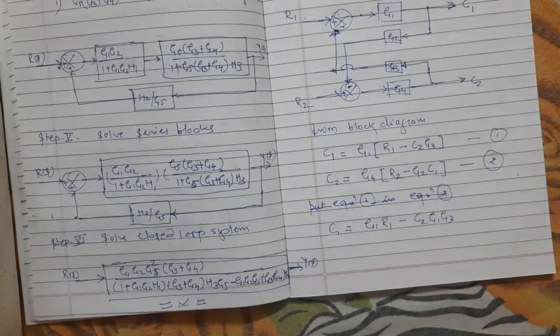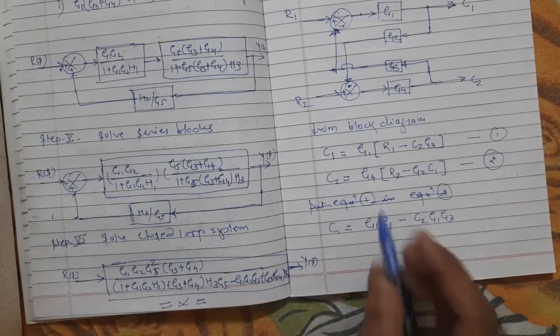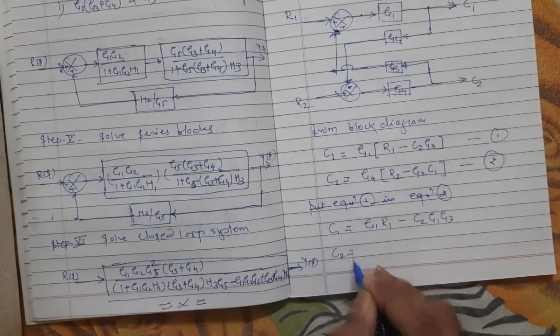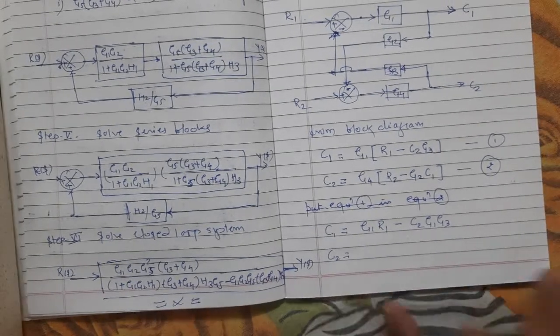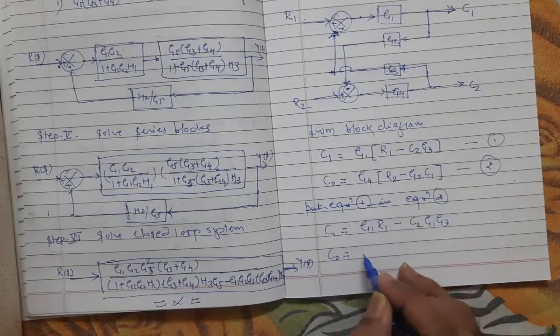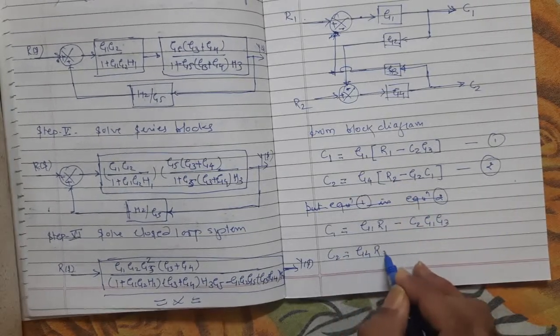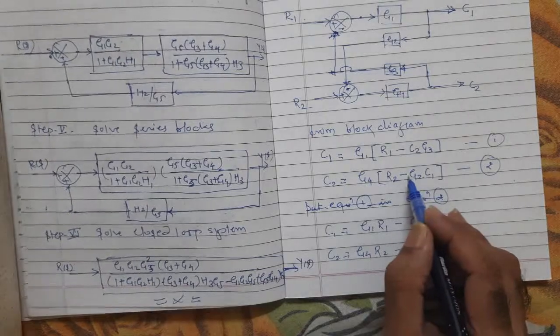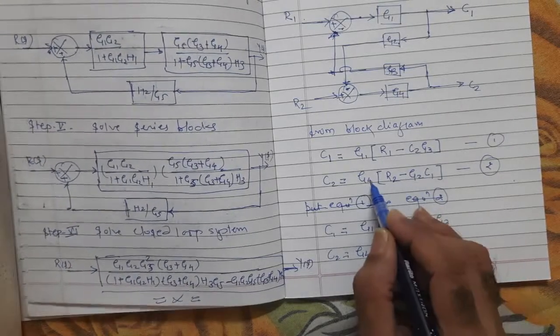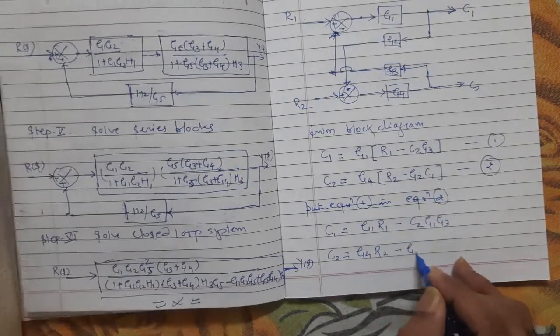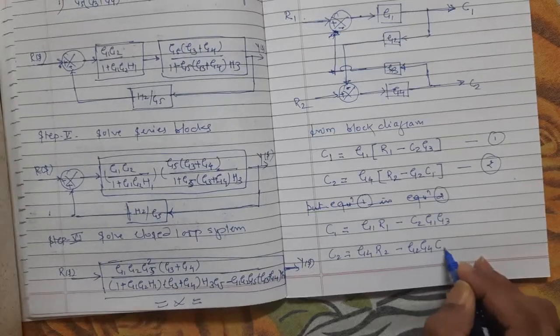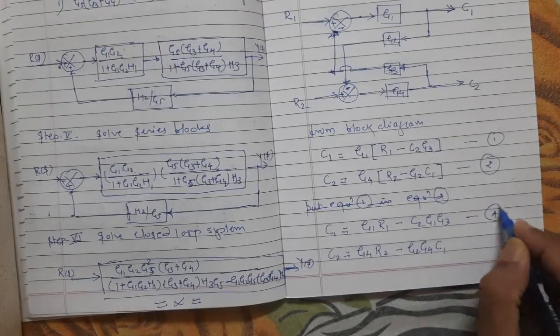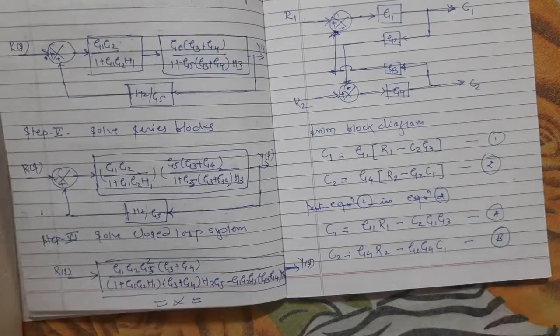We will expand this one, and C2 equals G4 R2 minus G2 G4 C1. Let's say this equation is A and this equation is B.